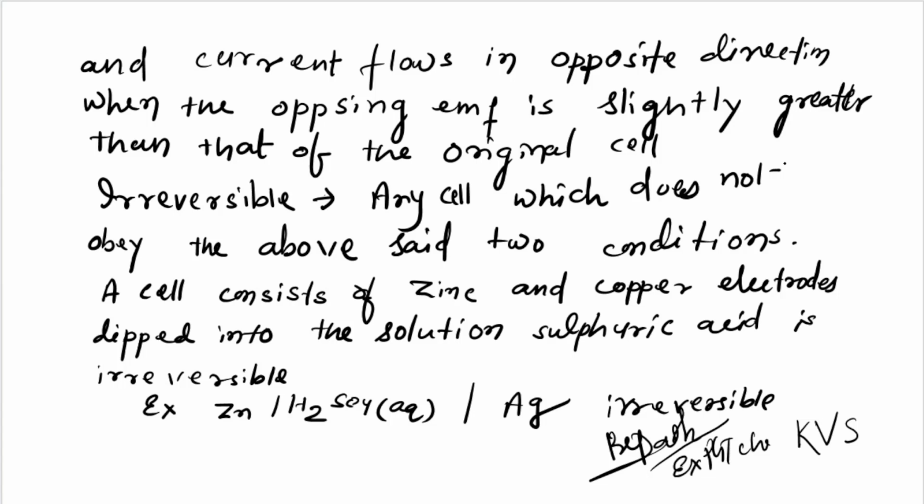So here I hope it is clear to you what is the difference between the electrolytic cell and the electrochemical cell, or you can say galvanic cell. And second point is potential difference and EMF. And last one, what is meant by reversible and irreversible cell.